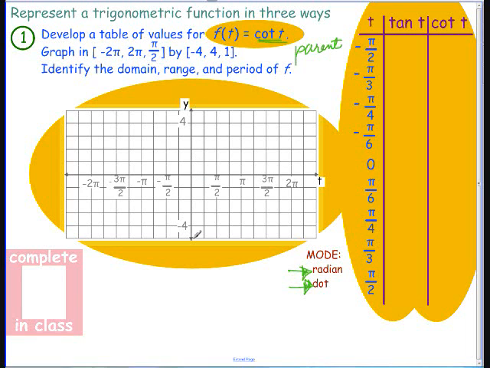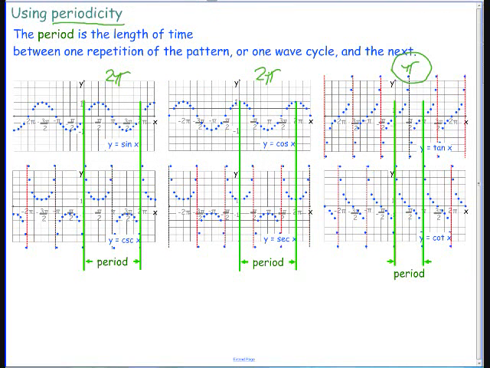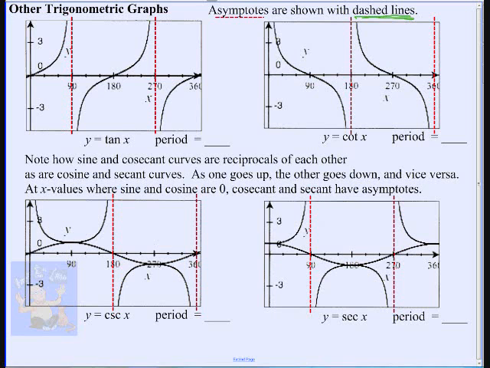So you could, at the very beginning, draw in your asymptotes. There's no phase shift here. So you could draw those in where you know they belong. For cotangent, I don't actually show this one over here, but it should be shown. It should be showing one there. I should fix that. 180, 360, every pi.